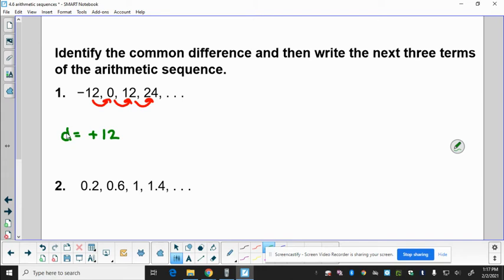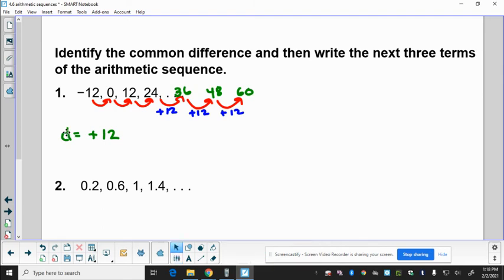So what if you keep adding 12 over and over again? Next 3 terms. You can use a calculator for this or just figure it out, however you want to do it. I think 36, 48, and 60. Didn't really need a calculator for that.